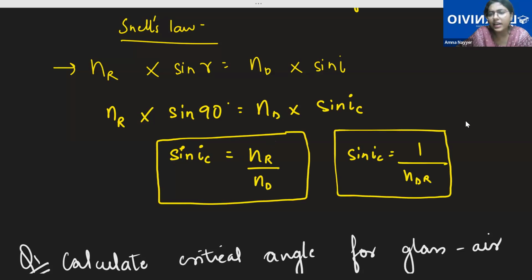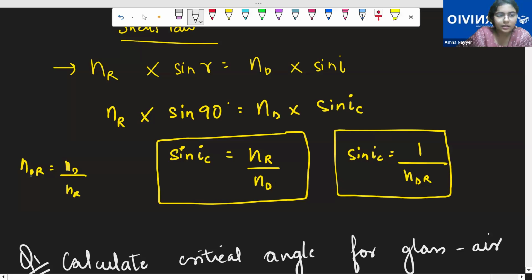This is also used. If I write 1 by NDR, it means ND by NR, NR will go up. It's just a way of representing it. NDR can be written as ND by NR. So 1 by NDR. Have you got it?